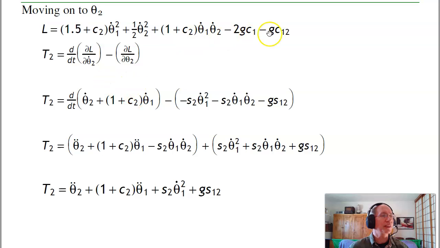And that's everyone. Minus the partial with respect to theta 2. And here's the theta 2, which gives you minus sine theta 2 theta 1 dot squared. There's one. Minus sine theta 2 theta 1 dot theta 2 dot. And here's a term: minus a minus g sine theta 2.